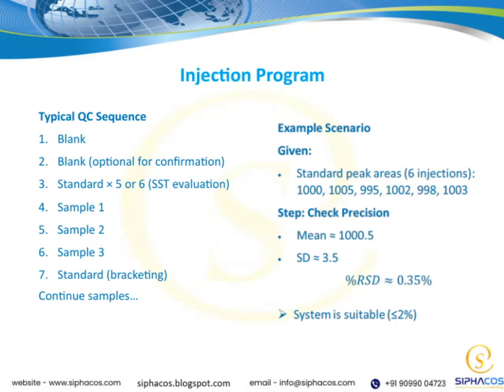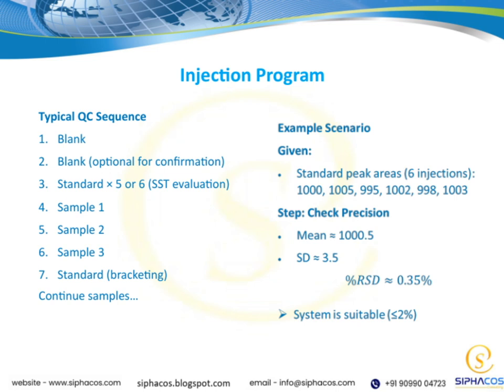Let's walk through a typical QC sequence. First, we start with a blank run, which helps us ensure that the system is clean and ready. Sometimes we include an optional blank for confirmation. This extra step can help verify that everything is in order before moving forward. Next, we run our standard samples 5 or 6 times, which are used for the SST evaluation to check the system's consistency and accuracy.